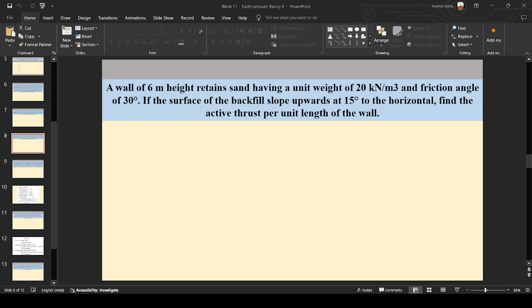If the surface of the backfill slopes upwards at 15 degree to the horizontal, find the active thrust per unit length of the wall. That is a force per unit length of the wall.